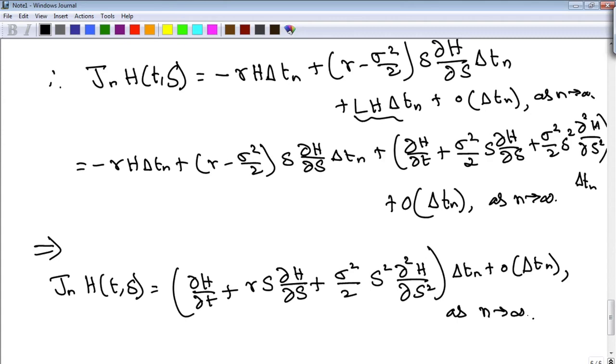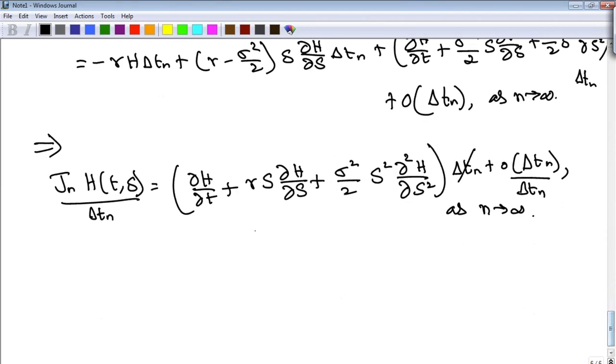Now divide both sides by delta Tn. Here delta Tn goes, and this goes slightly faster than a constant, which will anyway go to 0.